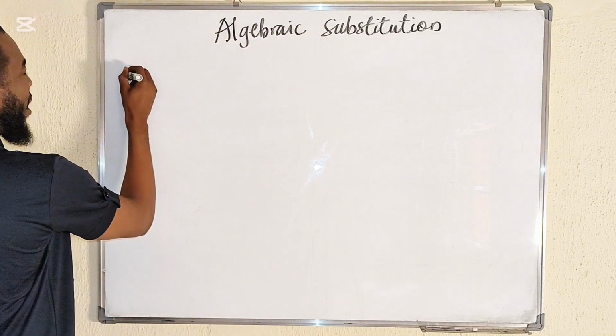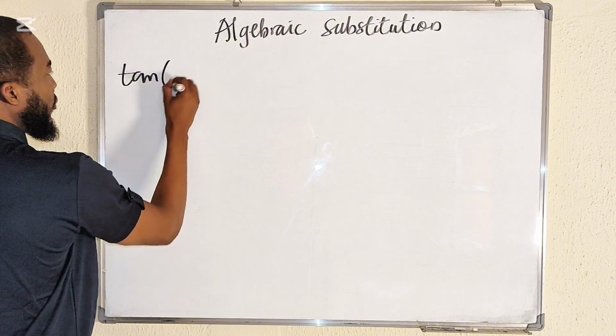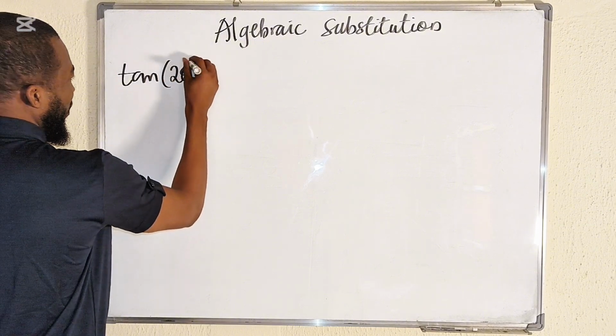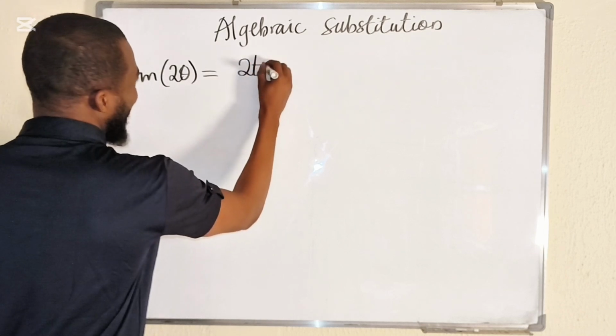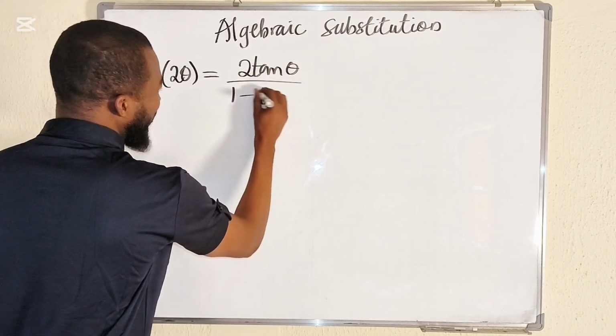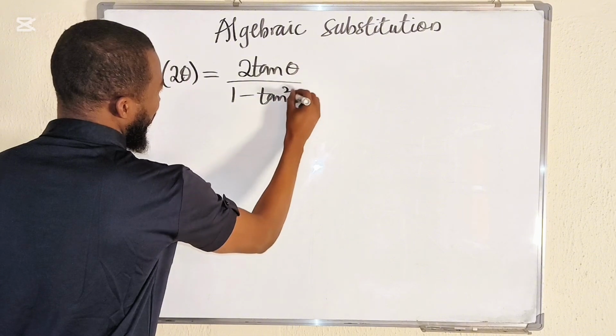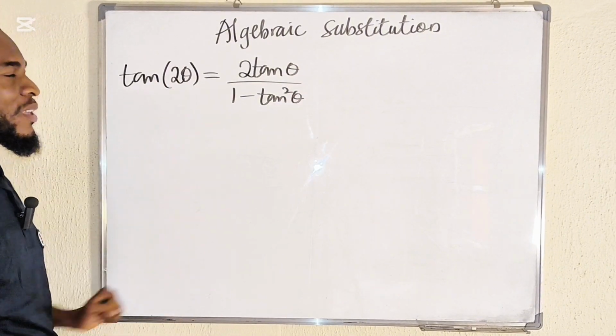Remember, if you have tangent of 2 theta, this is equal to 2 multiplied by tangent theta divided by 1 minus tangent squared theta, right? This is true for tangent 2 theta.